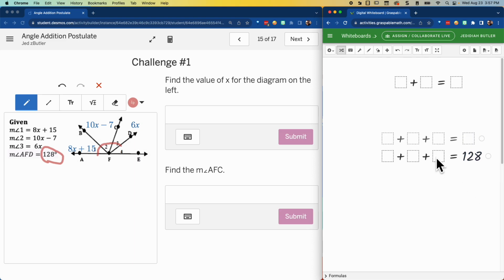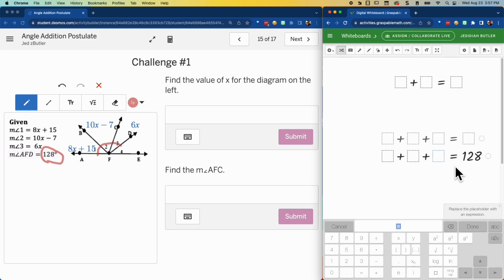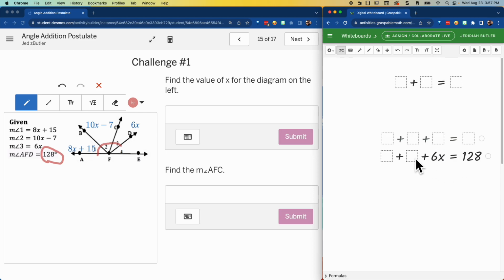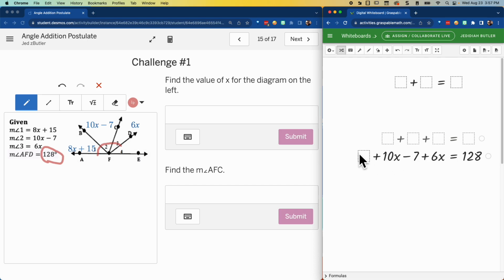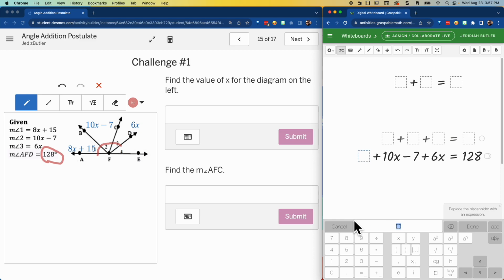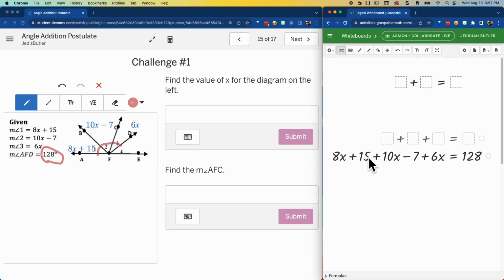For the 3 other boxes, I'm going to have 6x and 10x minus 7 and 8x plus 15. Ooh, we got a lot of stuff to combine and put together here.